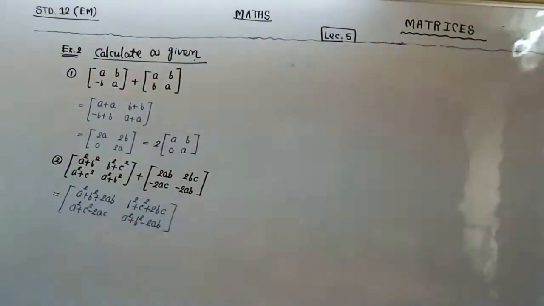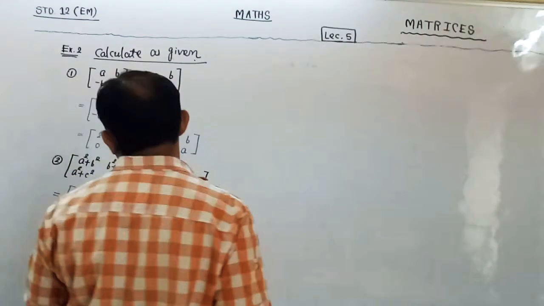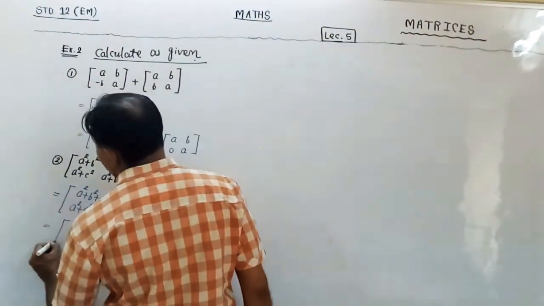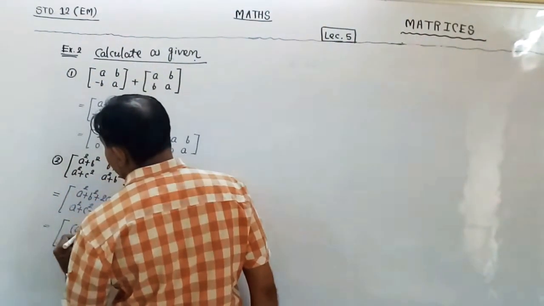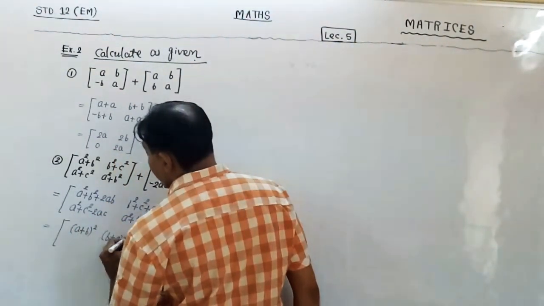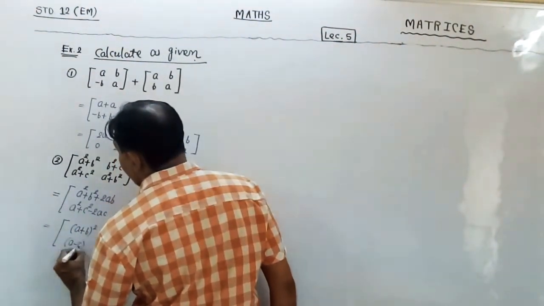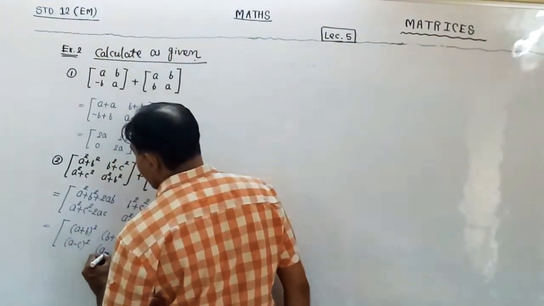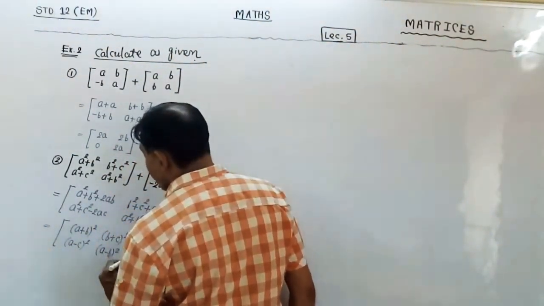See here, all the terms are in form of perfect square. You just write all the terms as perfect square if you know that. I hope you know that very well. So this is A plus B whole square. This is B plus C whole square. This is A minus C whole square, and here is A minus B whole square.